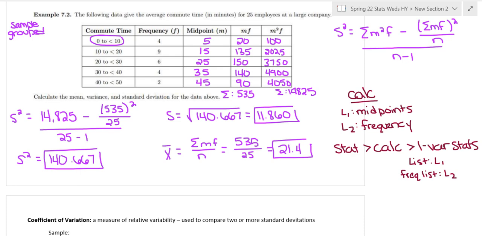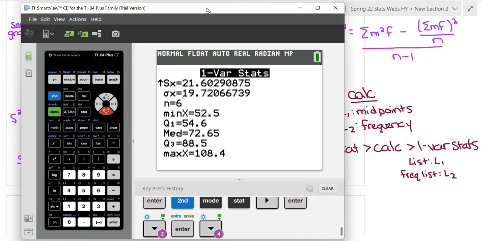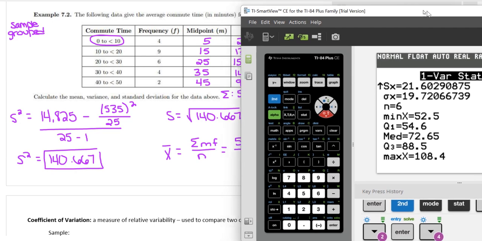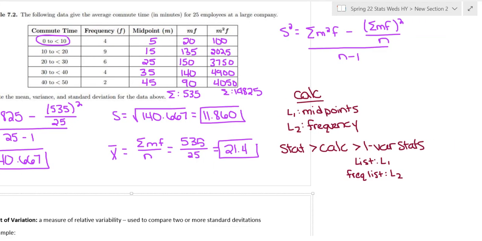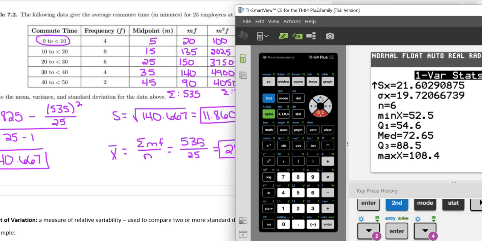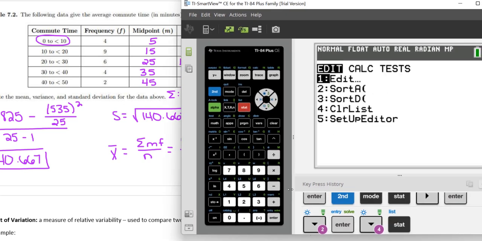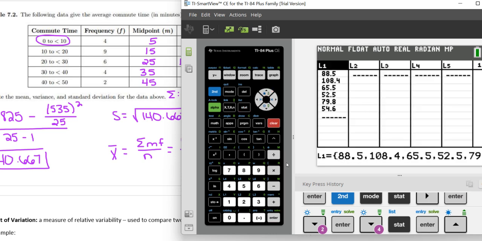Okay, so let me show you that. So for the 84, see my midpoints and my frequencies over here. Let me move this over. All right, so stat, then edit. I have all my lists here, so I'm going to go up and clear.